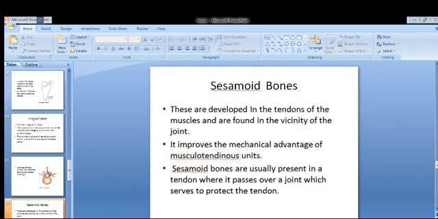So the muscles are attached to bones with the help of tendons.